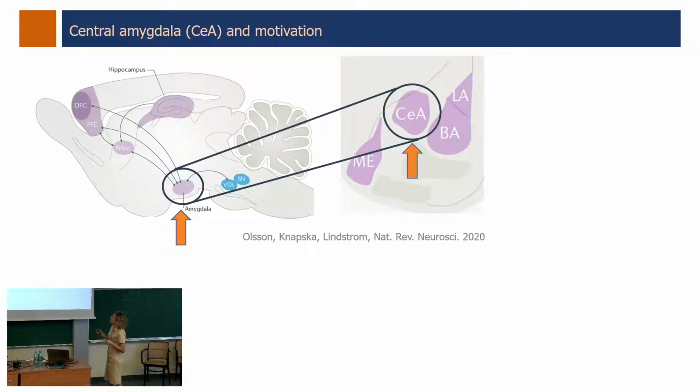And the amygdala as a whole, we've known for a long time now, is crucial for processing of emotions. When we remove the structure from the brain, we see a lot of emotional changes. It was done first in monkeys. When the structure was removed, they became fearless.